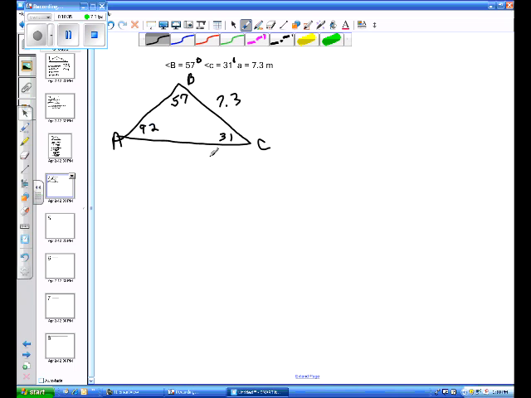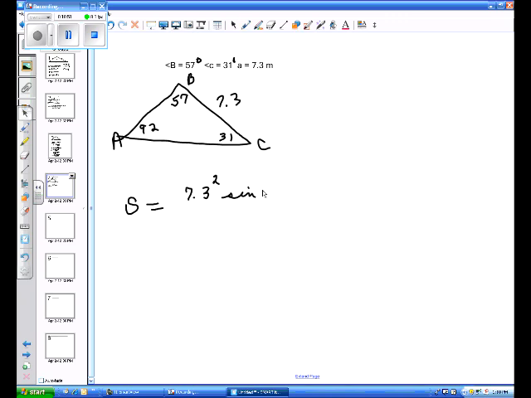So no matter which side you're given, you know all three angles, and the side is going to be between two of those angles. So the area is equal to the side squared times the product of the sines of those adjacent angles divided by twice the sine of the opposite angle.